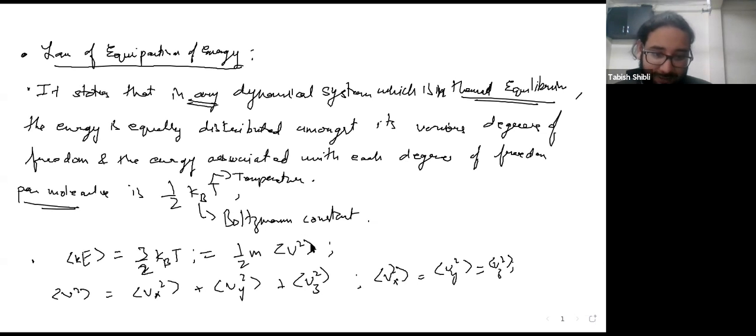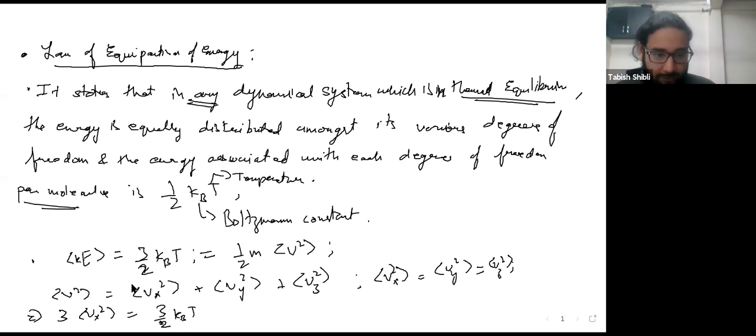This average V squared, which is just the sum of the averages of Vx, Vy and Vz squared. So let's just put in the values. You get 3 Vx squared is equal to 3 by 2 kBT. Correct?